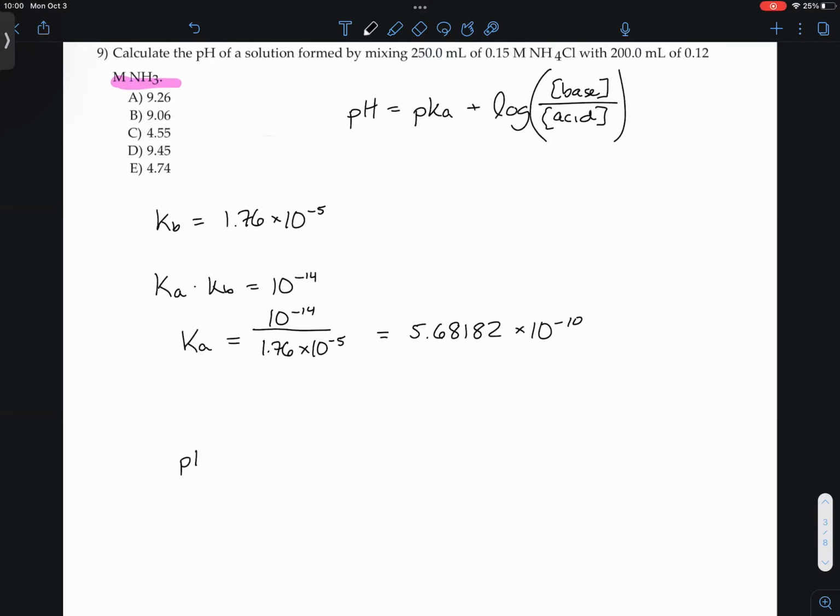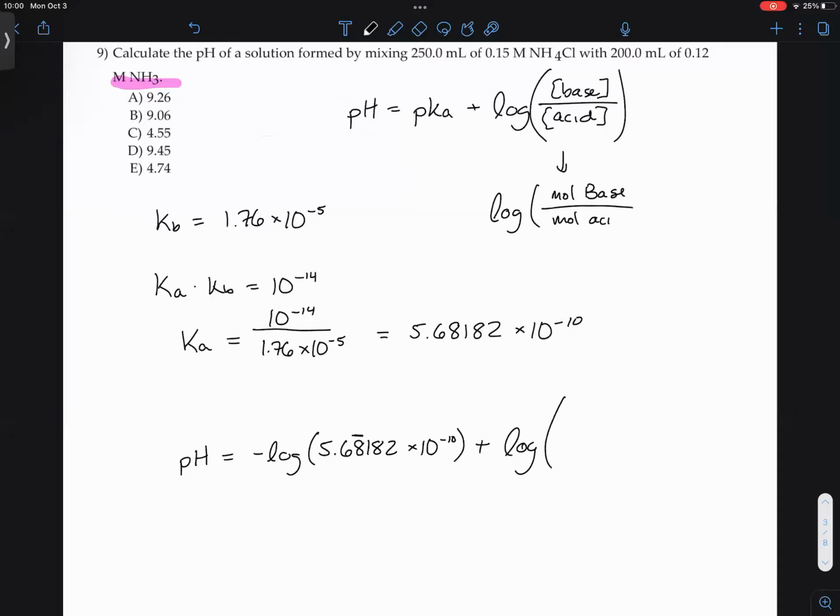pH is going to be equal to the negative log of that 5.68182 business. I'll keep my sig figs marked to be good, plus the log of the concentration of base over acid. But instead, since they both are at the same final volume, I'm going to do moles of base over moles of acid. I'm going to do it the same way we did our last problem, where I take volume times concentration.